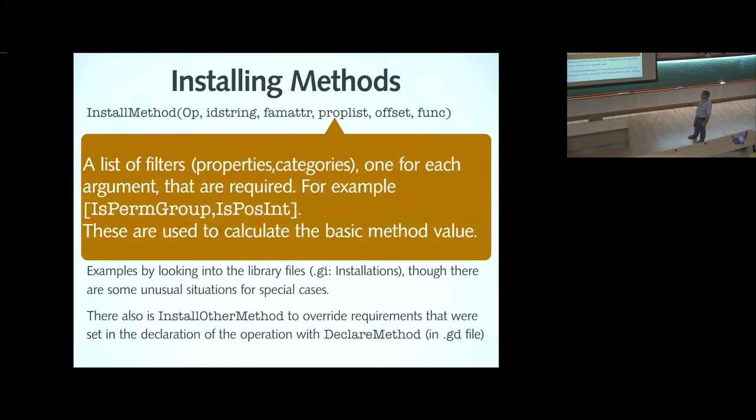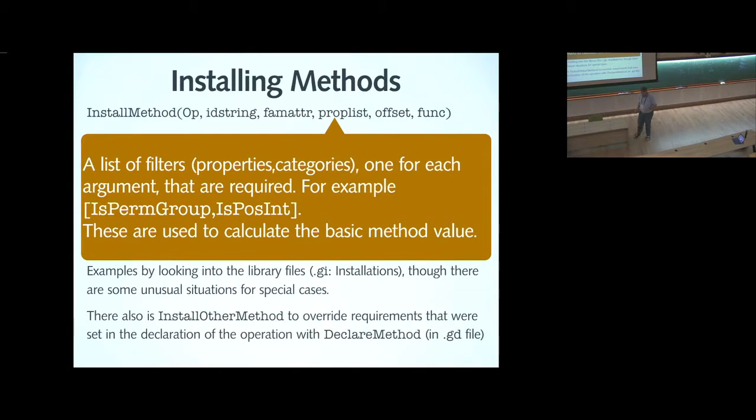Then, well, let's skip this for a moment, comes a property list. The property list is just a list of conditions. Say the method for pseudo-subgroup for permutation groups. Each condition is for each of the arguments. We want the first argument to be a permutation group, the second argument to be a positive integer. These arguments also are used to calculate the basic value of the method.